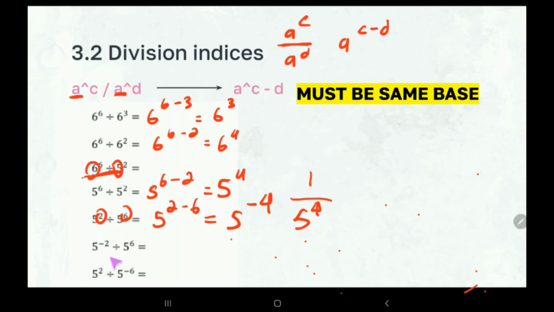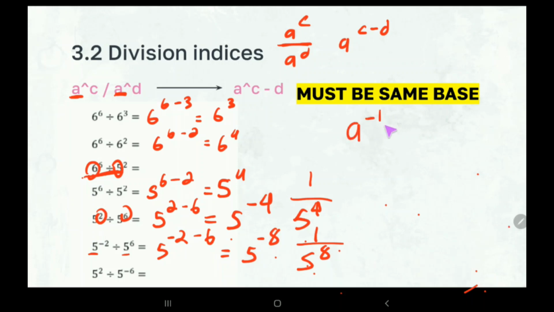Here, we have the same base, so 5 to the power of negative 2 minus 6, so it will be 5 to the power of negative 8, which is the same as 1 over 5 to the power of 8, because negative power means 1 over. So if we have 8 to the power of negative 1, it will just be the same as 1 over 8.